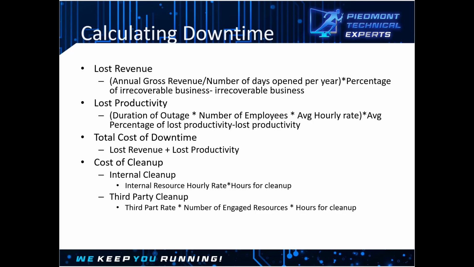To engage a third party like myself or the host of other MSPs in the area, that metric is going to look like the third party rate times the number of engaged resources times the hours for cleanup. So X times Y times Z equals A.